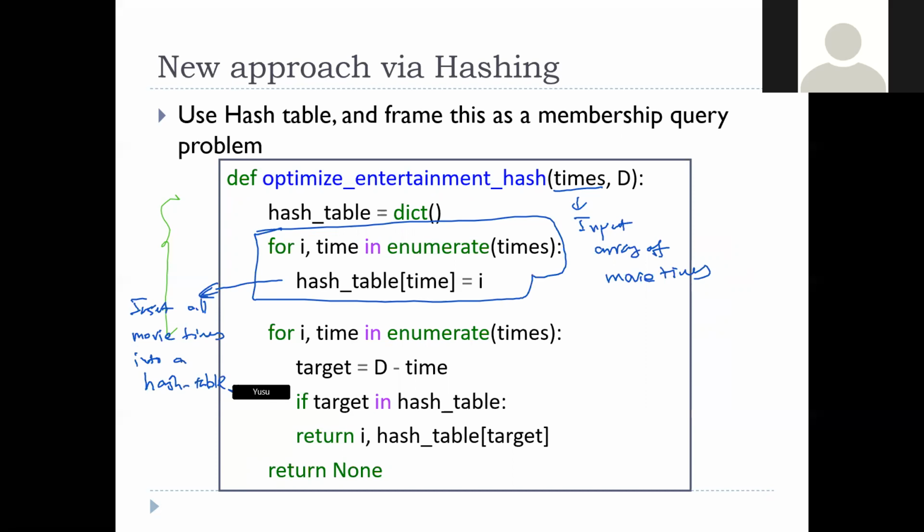Then for each movie in your input list, you compute the target, which is D minus the time of the present movie. Then you search: is there a movie of this target length in the hash table? And this is a membership query.